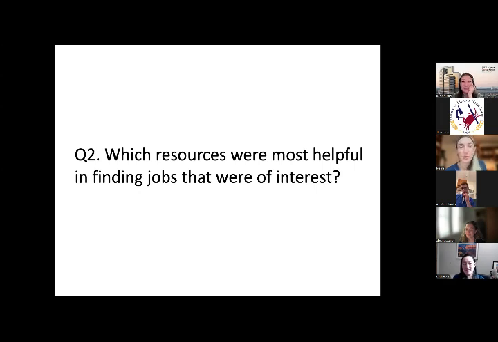I would definitely say word of mouth is really important, and for that reason, I'd encourage you all to make time to go to national meetings this year, and to go to every social event that you can, and talk to new people, be a little bit of an extrovert, even if that's not your natural state, and you'll get a lot of information that way. I think that's how a lot of people do find their jobs. Cold emails did create some opportunities for me.